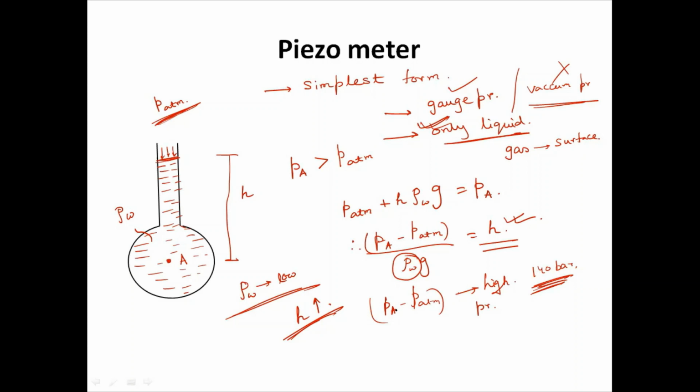You know 10.4 meter of water is equivalent to 1 bar. So to measure 140 bar, 140 times 10.4, nearly 1400 meters of pipe you would have to give to the piezometer. So high pressure measurement cannot be done. Moderate or medium pressure can be measured.